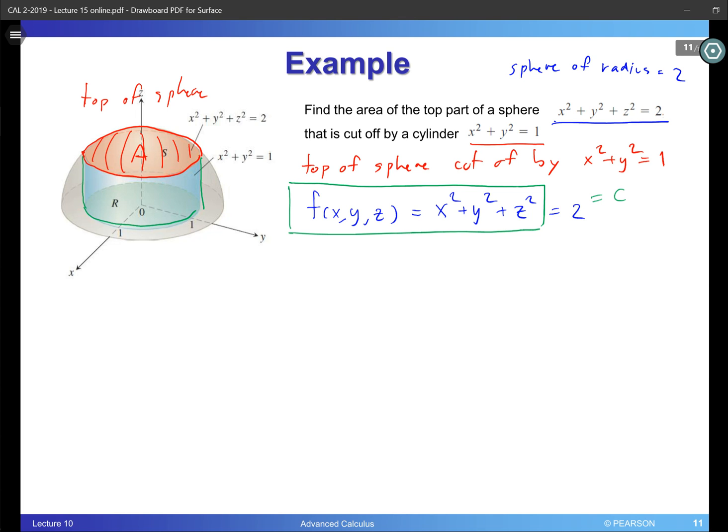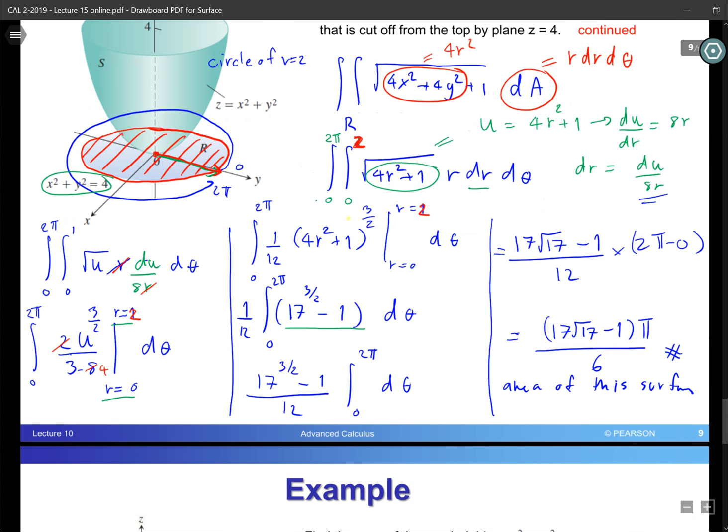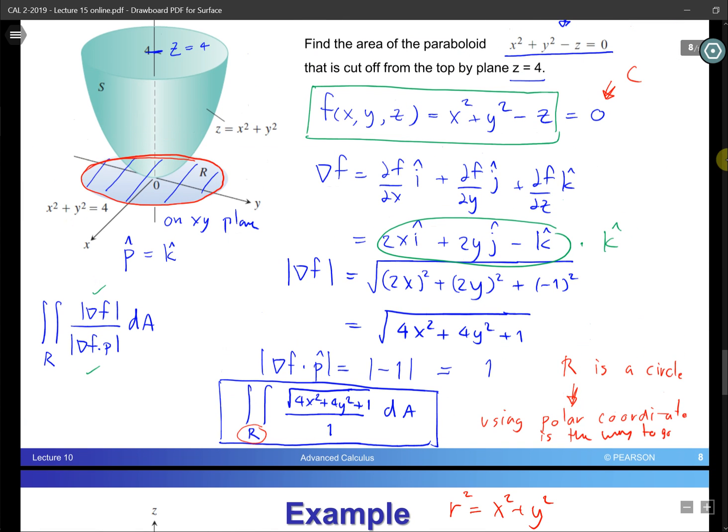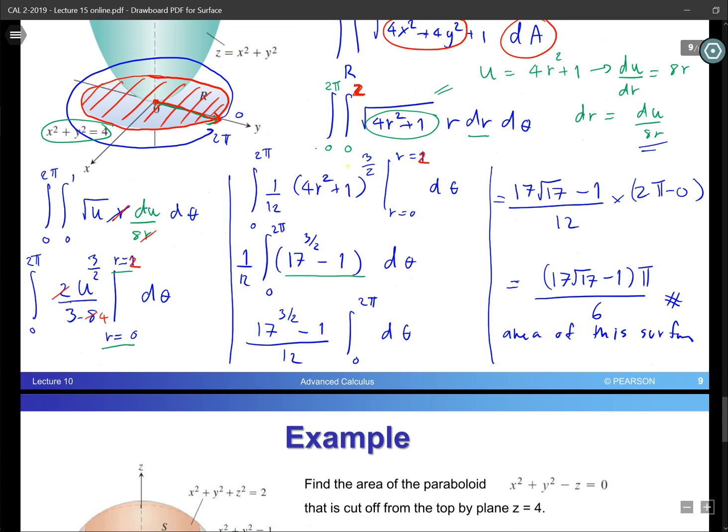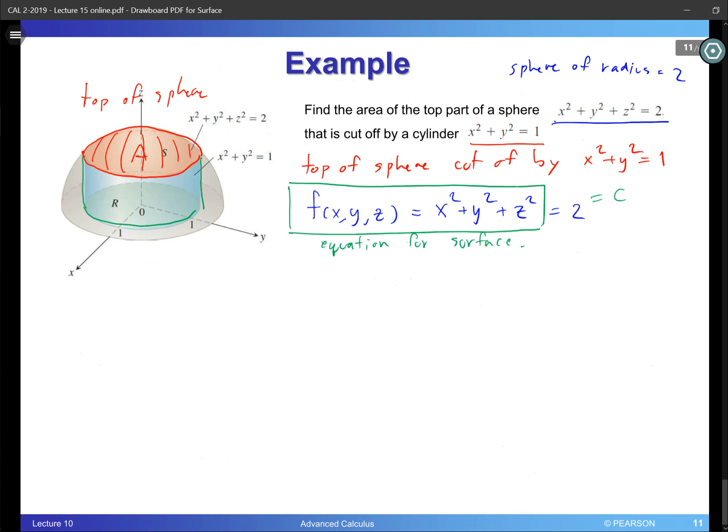All we need is the xyz part. So here, this is the equation for the surface. So don't worry about this c equal to 2, and for the previous one c equal to 0. That is okay, doesn't matter. We are interested in just f. Okay, now we have this f ready.